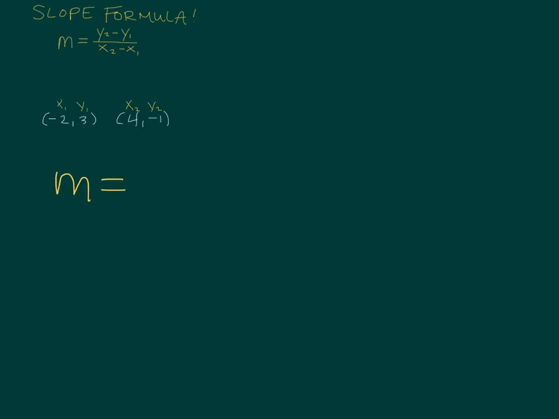So I've got m equals, I'm going to look at the y's first, y2, we've got -1 minus 3 over, and now we're looking at the x's, x2 is 4 minus x1, and the x1 is a -2. So we've got it plugged in.